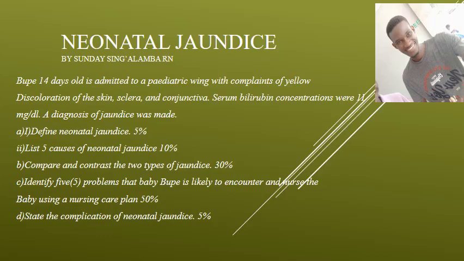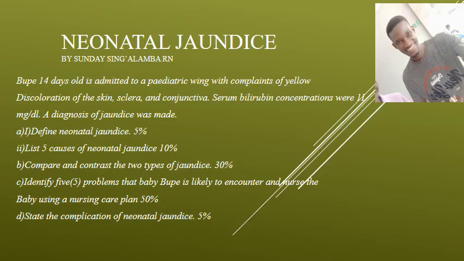We know that there are 3 plasma proteins: albumin, globulin, and fibrinogen. Albumin is the one that carries unconjugated bilirubin to the liver for conjugation. So that unconjugated bilirubin usually binds to albumin, and once it binds, the albumin helps it to move to the liver for conjugation.